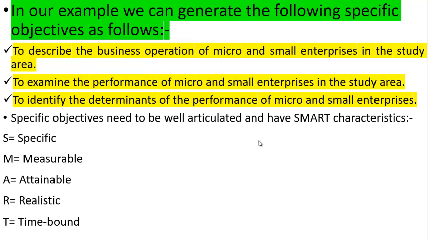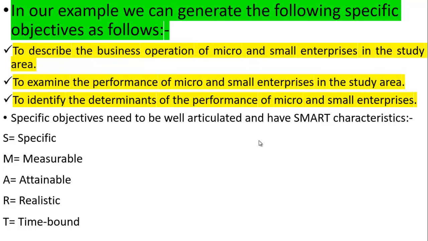And the specific objectives should be measurable, in a sense, that the results we obtain in the course of conducting the study can be measured and specified, so that, considering the result, we can see whether the study achieved its objectives or not.